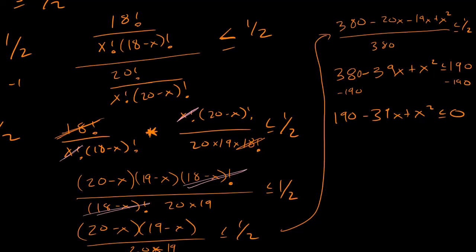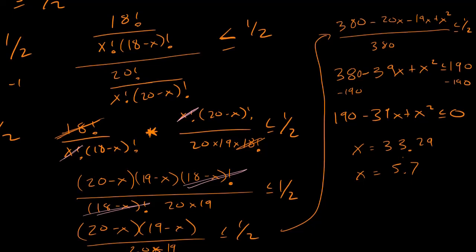So I can use the quadratic formula to do that. If I were to use the quadratic formula, I would get x is 33.29 and 5.7. Okay, so you can use the quadratic formula and show this.